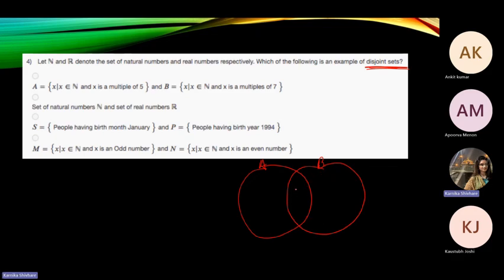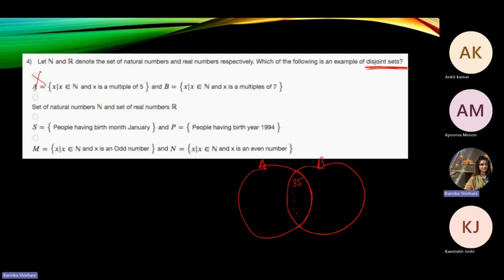And this intersection will have multiples of both 5 and 7. For example, 35, right? And all the multiples of 35, right? 35 is the first number in the growing sequence. And that is going to belong to this intersection. So this is not a disjoint set. Why? Because we want disjoint sets which do not have any element in common.